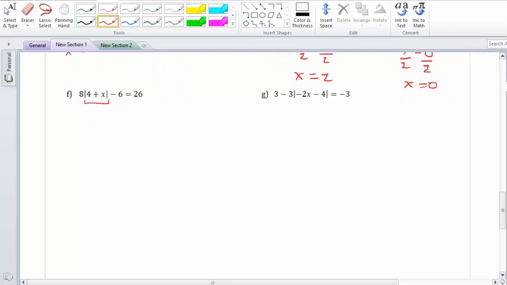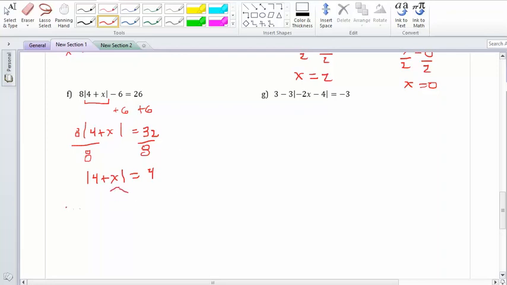If we treat this just like an equation, we want to get that by itself. So let's get that 6 out of the way. Once we do that, we need to get this 8. This 8 is being multiplied, so we need to divide it. Okay, we don't want it there, so let's get rid of it. 32 divided by 8.